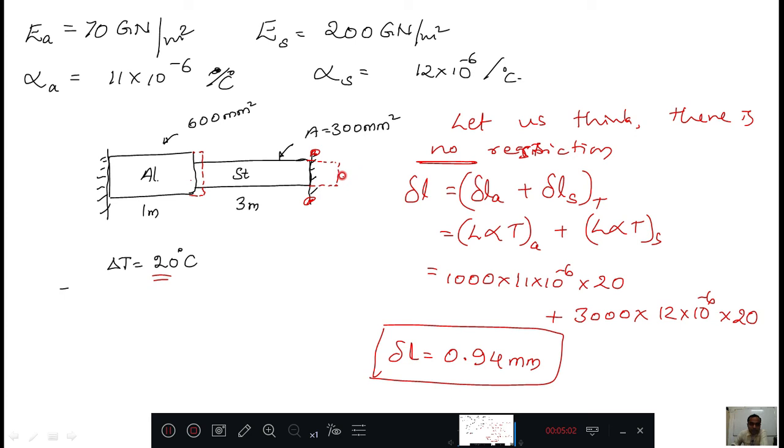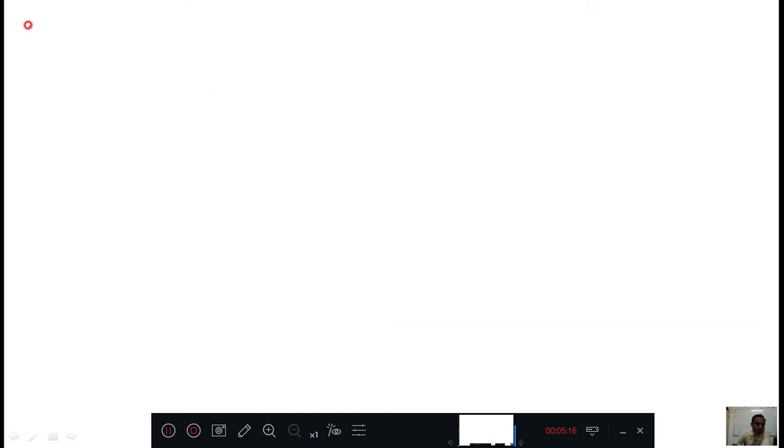Okay, now let us consider there is a restriction. That restriction is like we are pushing it back. We are using some force P and pushing this back to its original position. To do that, how much do I need to push? This pushing means an external force is coming now.